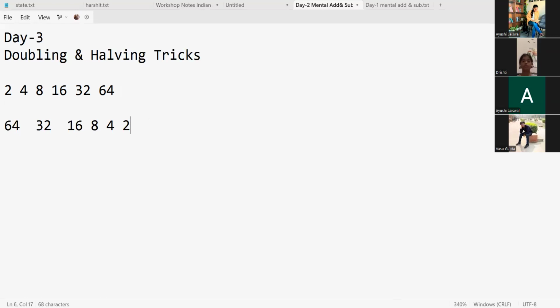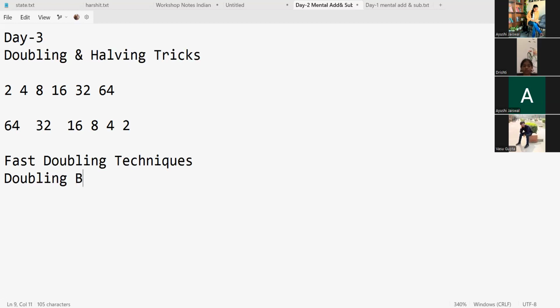So first we learn the fast doubling trick. In the fast doubling trick, first we know the doubling basics.